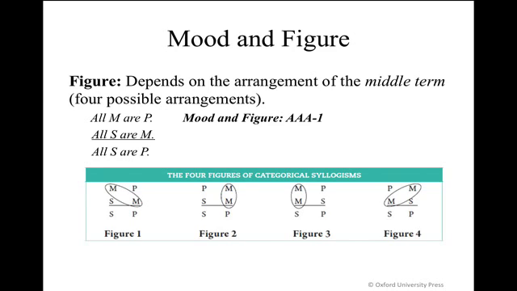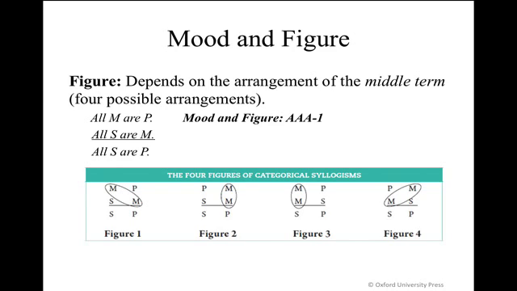Figure 1 has the middle term in the grammatical subject position of the major premise and the grammatical predicate position of the minor premise. Figure 2 has the middle term in the grammatical predicate position of both the major and the minor premises.